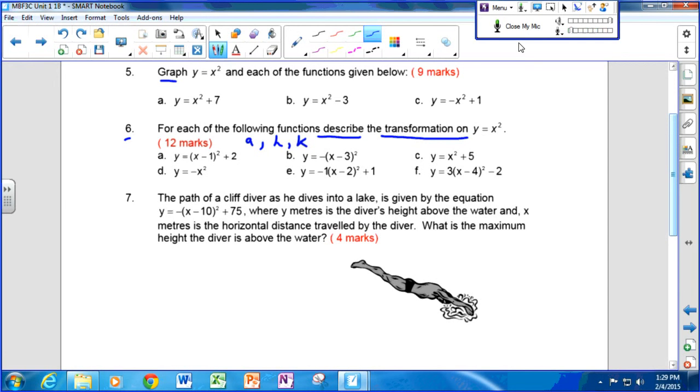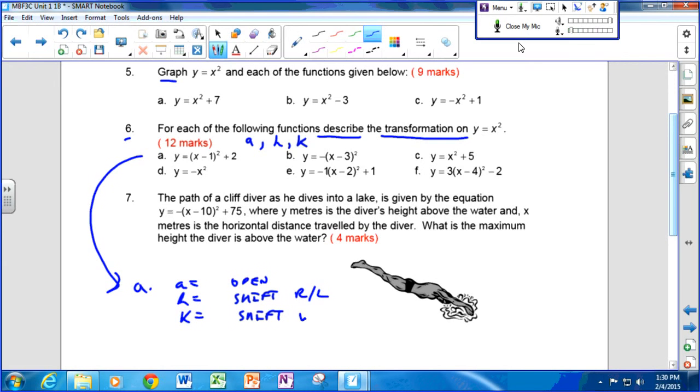So what I would suggest is you list the A value, the H value, and the K value, and then describe the opening, and then the shift. The H shift is going to be right or left, and the K shift is going to be up or down. That's how I suggest you structure question 6.